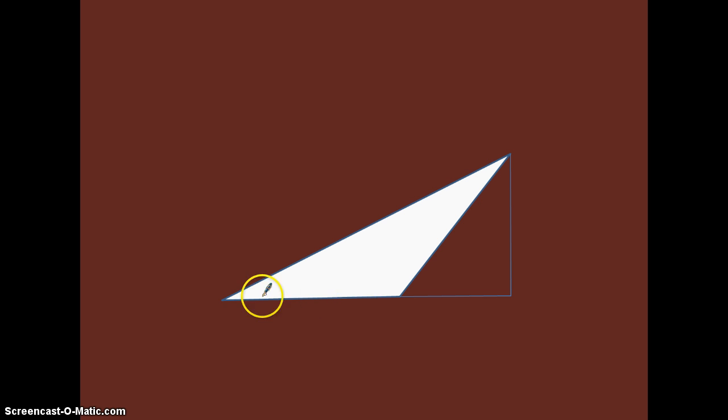Now, I can say that the length of this side, we'll say that it's 15 millimeters. Let's say at this side, we'll give it a measurement this time. Let's say that that's going to be 30 millimeters.